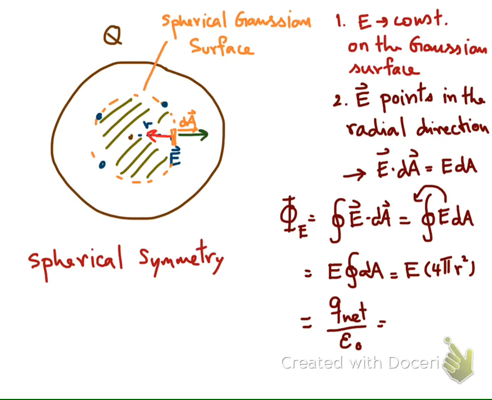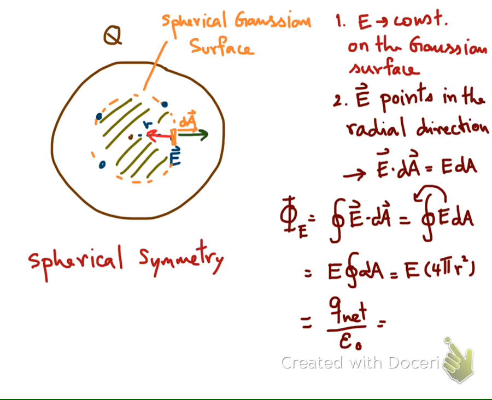So in this case, Q net is not equal to Q. It's different from the previous example, because in that case we constructed the Gaussian surface outside the object, so Q net was the charge of the object. But in this case we construct the Gaussian surface inside the object, so Q net is only the charge inside this surface.